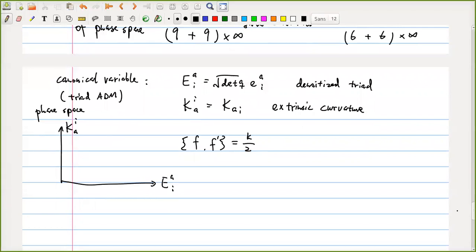This is the trick to make this Poisson bracket equivalent to the ADM Poisson bracket.